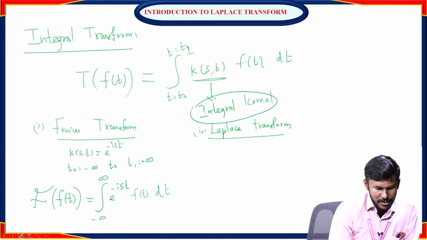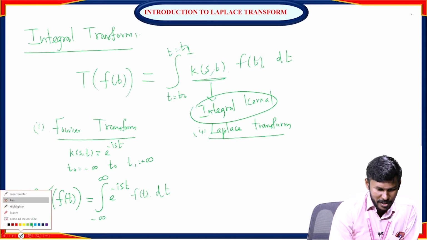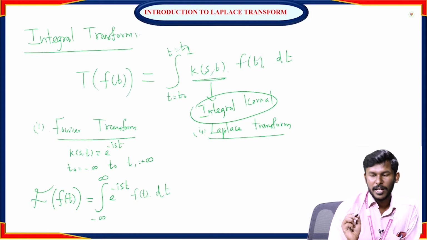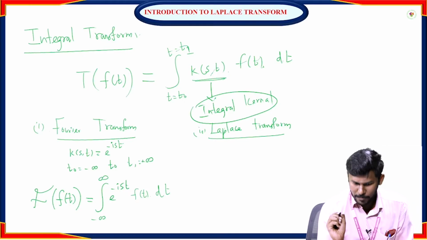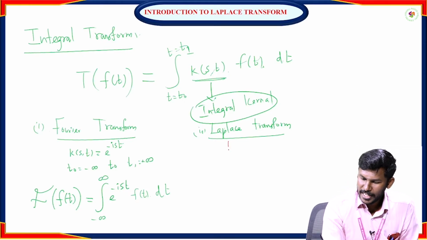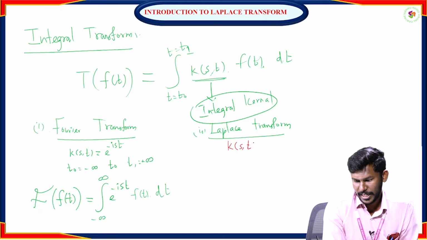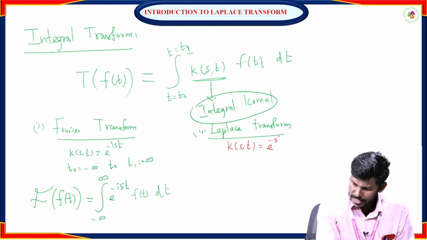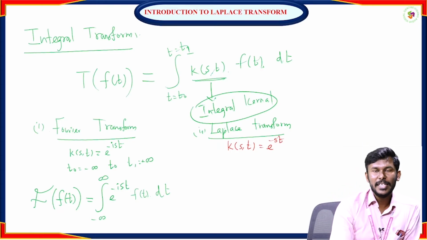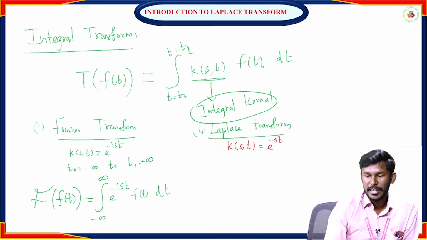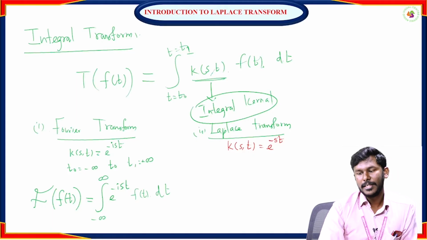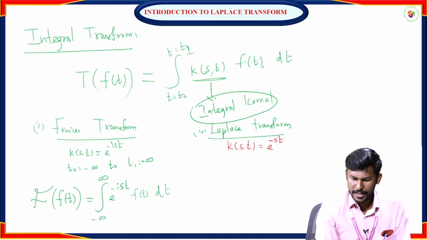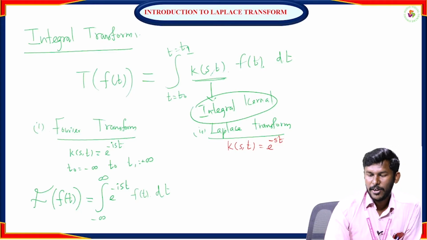Next, coming to our topic, what is Laplace? For Laplace, here my k of s comma t is nothing but e power minus st only. Here, not e power minus ist, but e power minus st only. And my limits here are two cases.